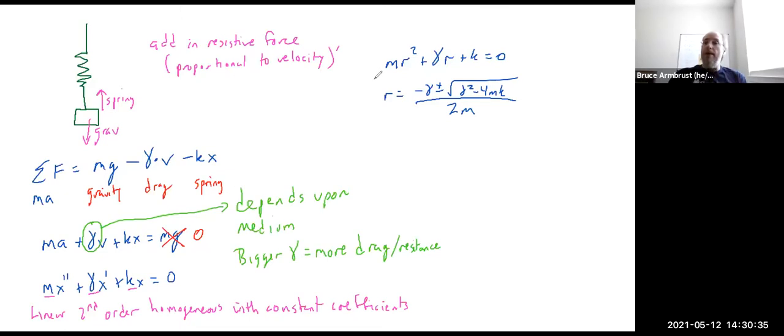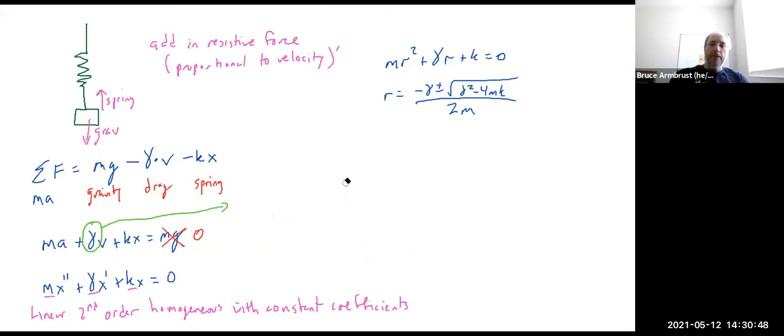So let's think about what we're going to need to get those different forms. All right, well, let's go with the first case, two real roots. Okay, so case number one.